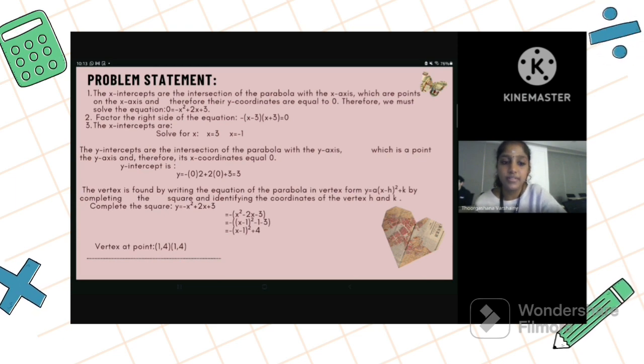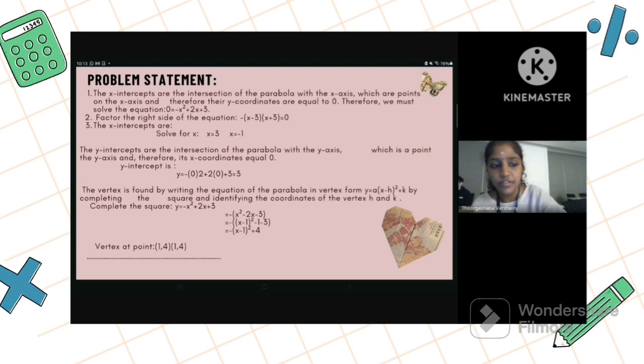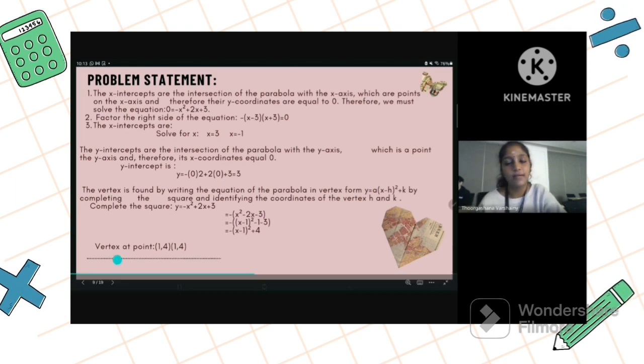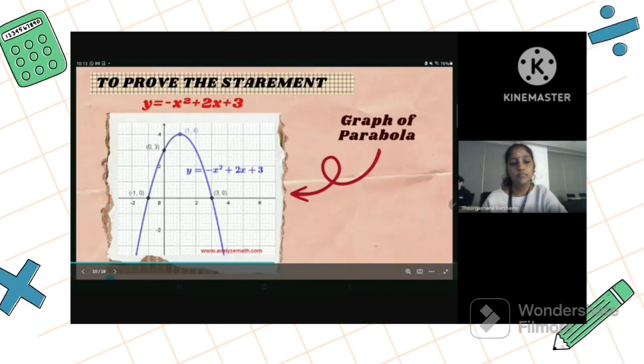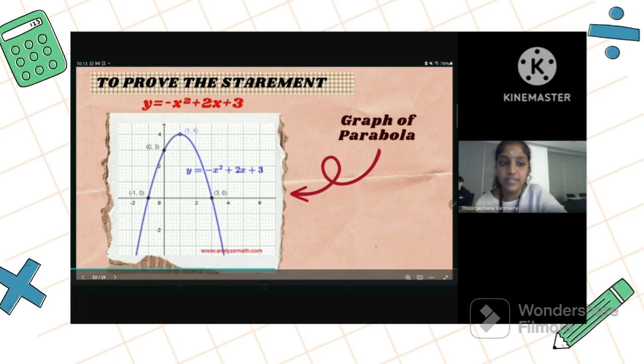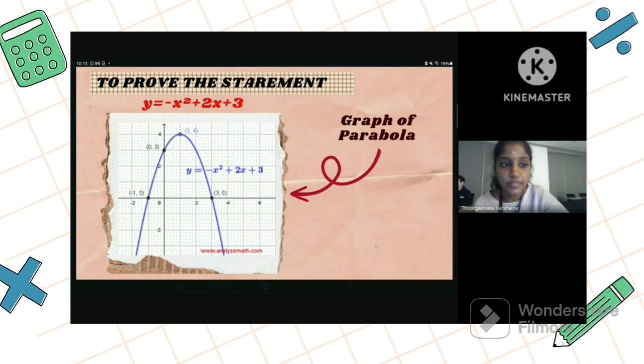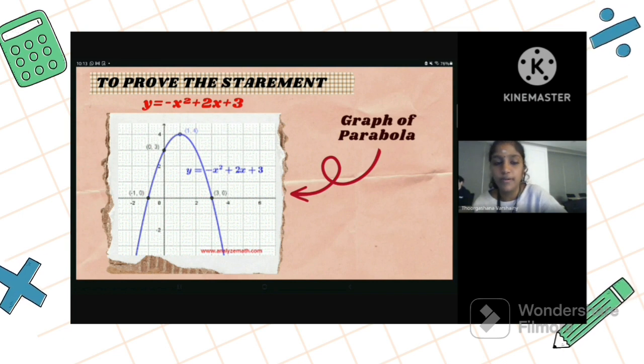By using the completing the square method, we can identify the vertex values h and k. Therefore, the vertex point is (1, 4). To prove the statement, we can draw a graph where you can see the vertex is (1, 4) and the x-intercepts are (negative 1, 0) and (3, 0).